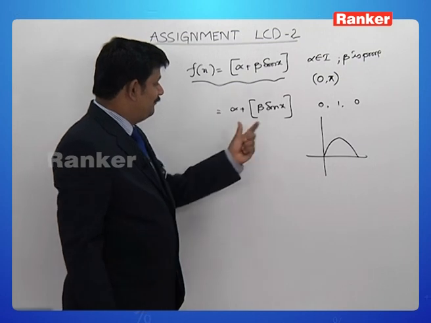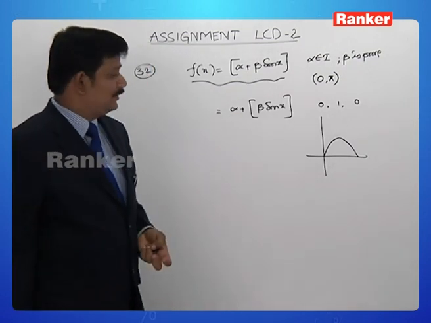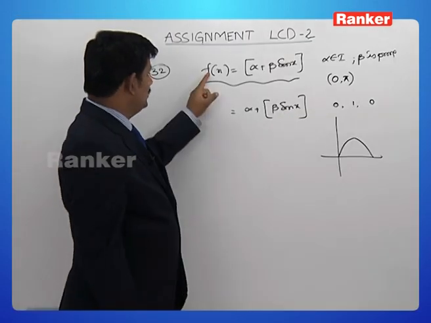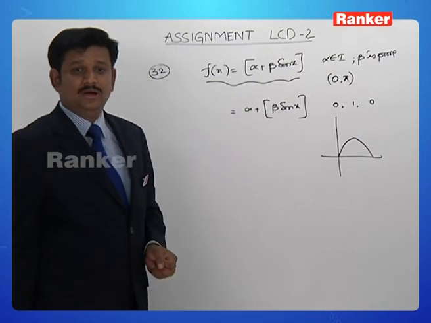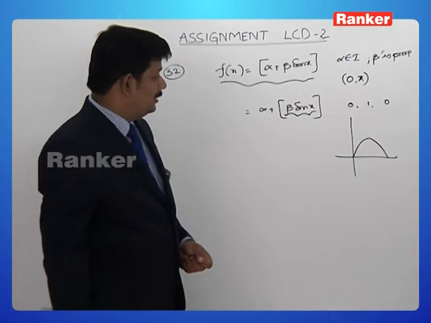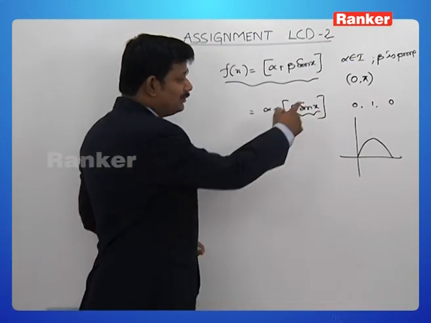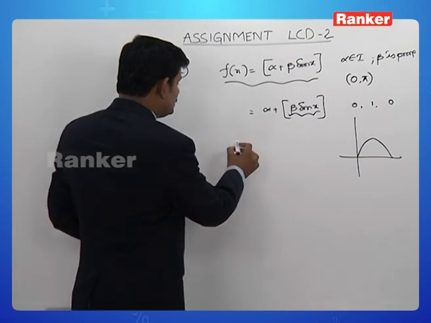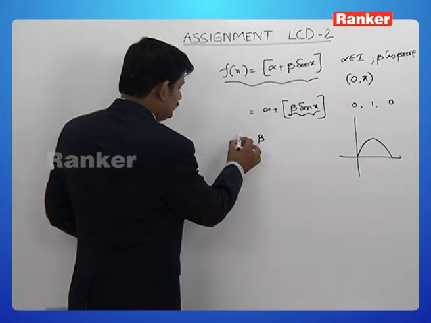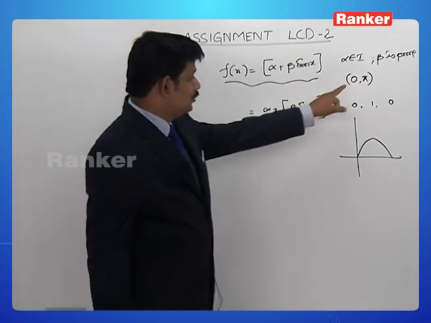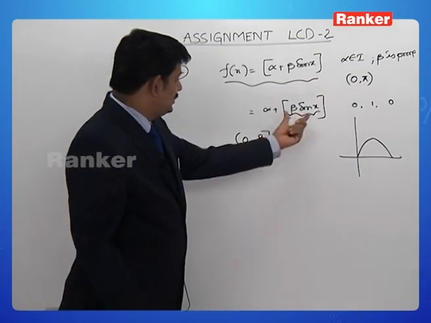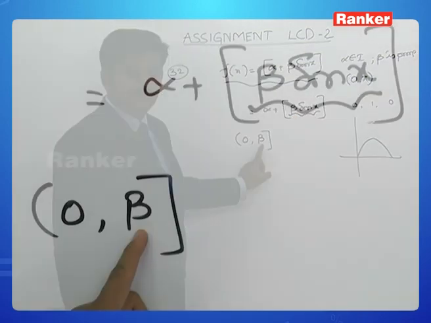So, let us see when f of x will be non-differentiable from 0 to 1. Whenever sin x is between 0 and 1, let us see what will be the points of non-differentiability of f of x. Now, when sin x is varying from 0 to 1, beta sin x will vary from 0 to beta, 0 not included because it is an open interval at 0, and beta included.